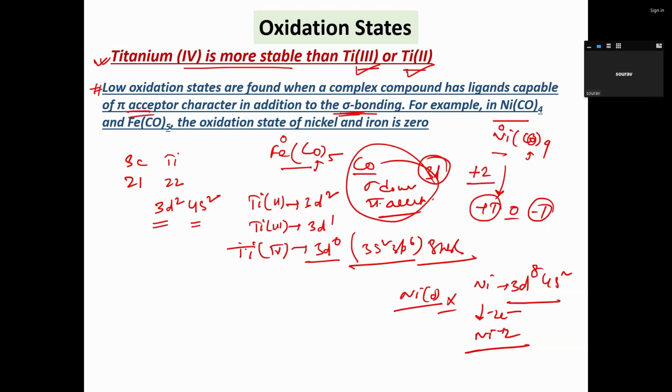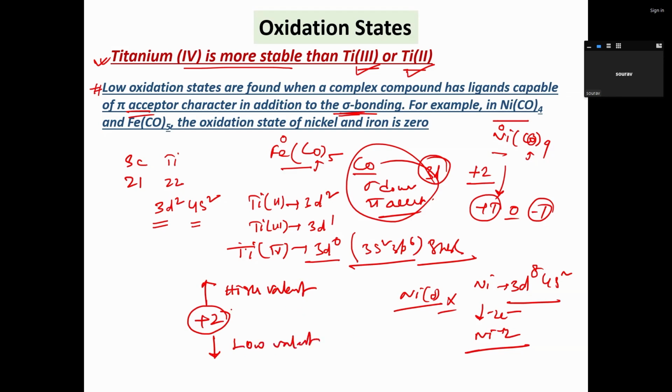When we are talking about low valent, it means the oxidation state is lower than plus 2. When we are talking about high valent, it is a higher oxidation state than plus 2. Suppose plus 2 is the normal. When we go to plus 3, plus 4, this is the high valent. When we go lower than the plus 2 oxidation state, it is low valent.